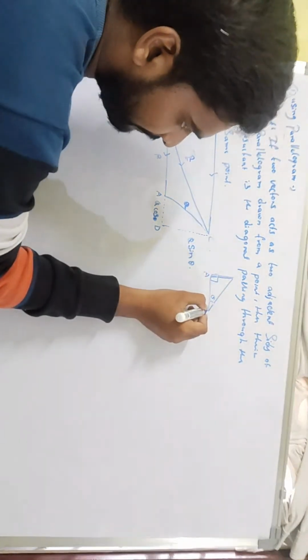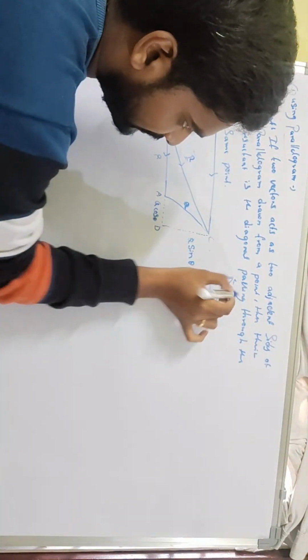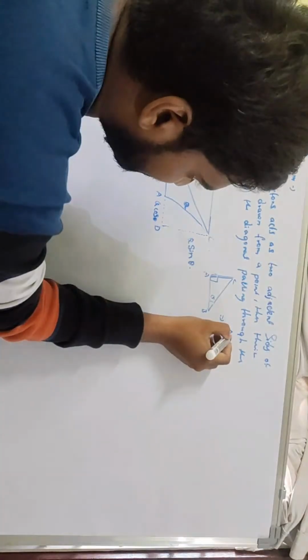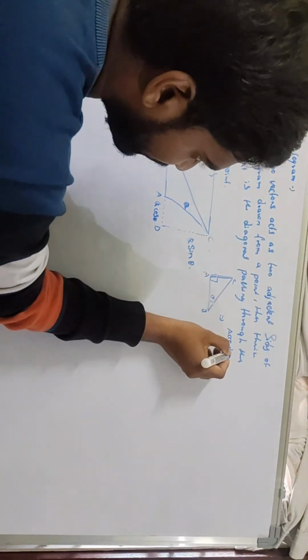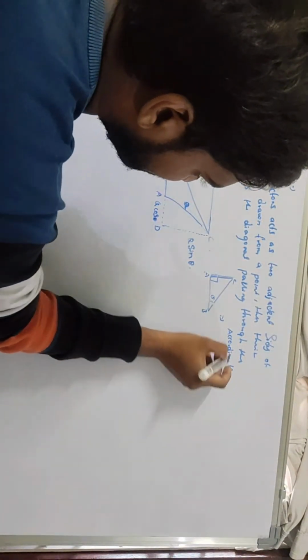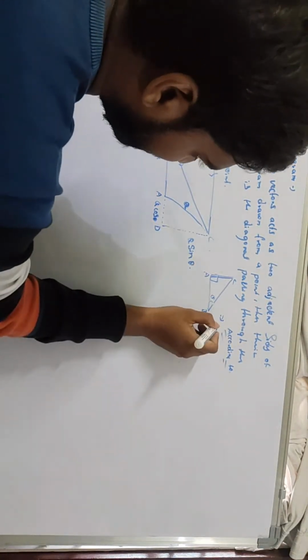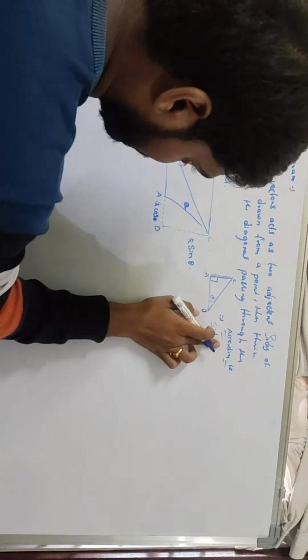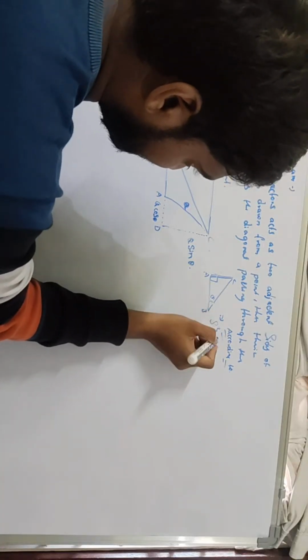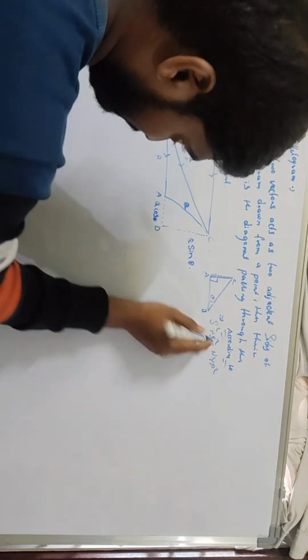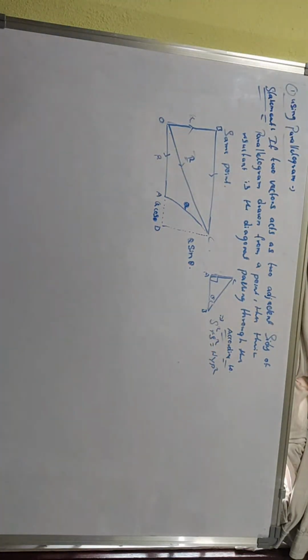This is A, B and C. According to the Pythagoras theorem, side square plus side square is equal to hypotenuse square.